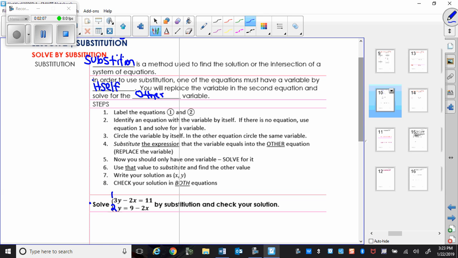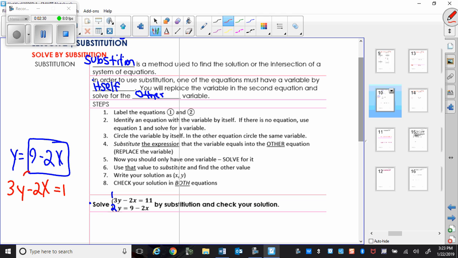My equation with the variable by itself, I have y by itself. I have y equals 9 minus 2x. So I'm going to circle this, and I'm going to rewrite my other equation. I have 3y minus 2x equals 11. So I'm going to replace that y variable with what y equals, 9 minus 2x, if that makes sense.